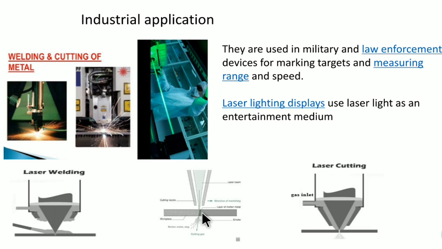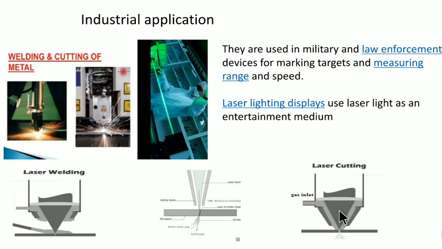Now come to laser cutting. In the case of laser cutting, a gas jet is used. For different cases we can use different gas jets. Now oxygen we can pass over here along with the laser beam. The combustion of gas burns the metal. The tiny molten part of the material is blown away by the oxygen jet.